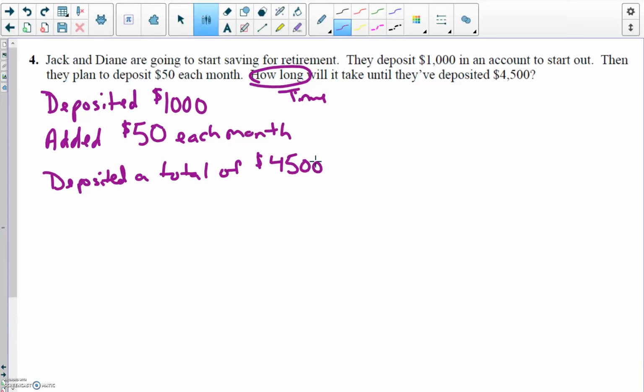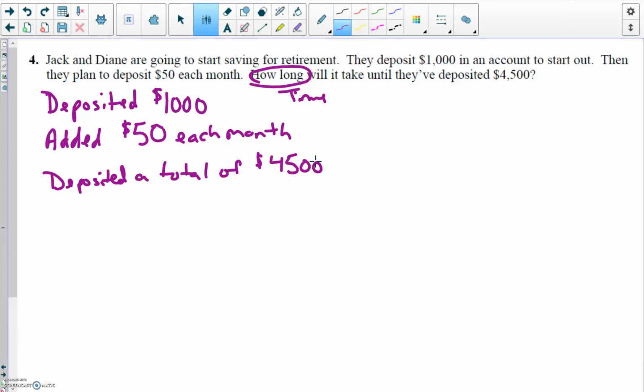Then the second month would be another 50 more, right? So 1,100, and you can keep going until you reach the 4,500. Now that would probably not be a better method since it's going to take a while to reach that high of a number. You could have also maybe drawn a picture or gone through some other process to find the answer there. So there's not really a best way, I would say, on this one. Just some methods might take a little bit more time to work through all the steps.